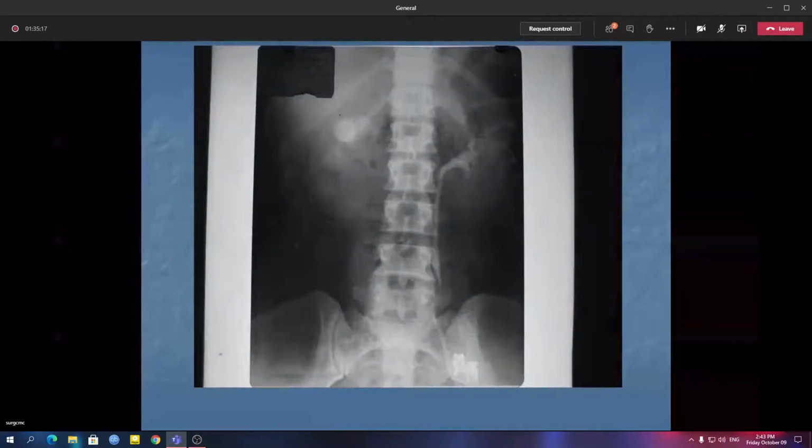And if it cannot go down, there is hydroureter, hydropelvis, and there is enlargement of the kidney, known as what? Hydronephrosis. So urine is doing the damage already. By putting dye, you cannot do any extra damage. Number one.